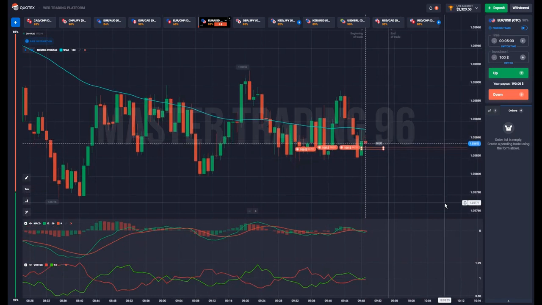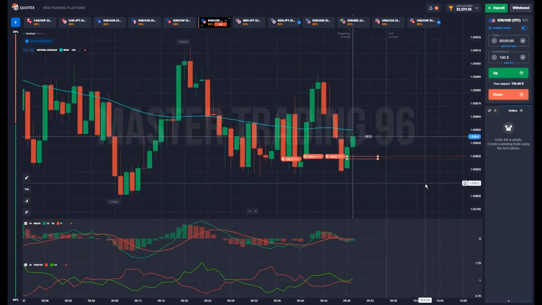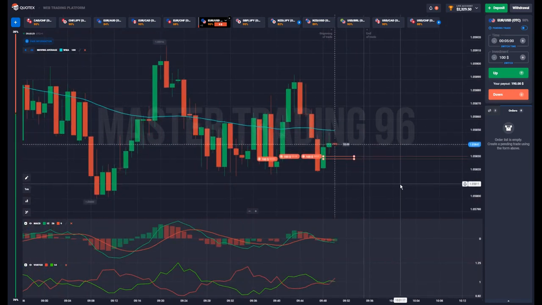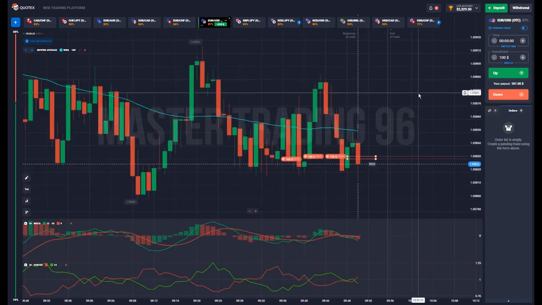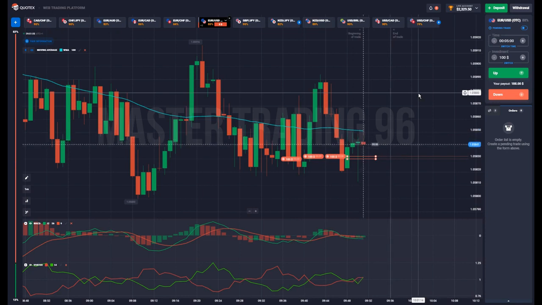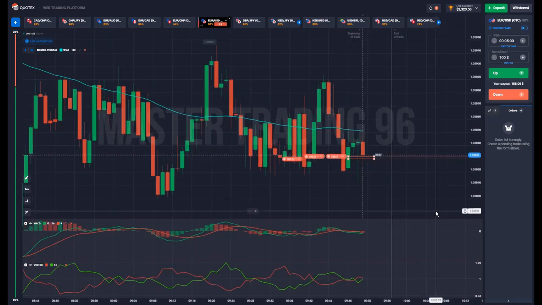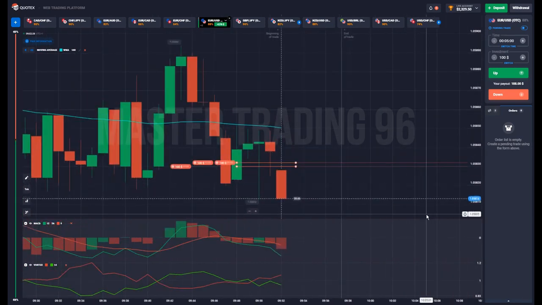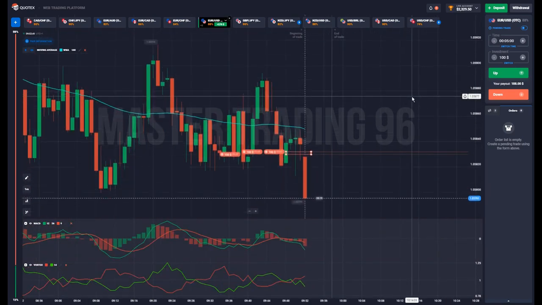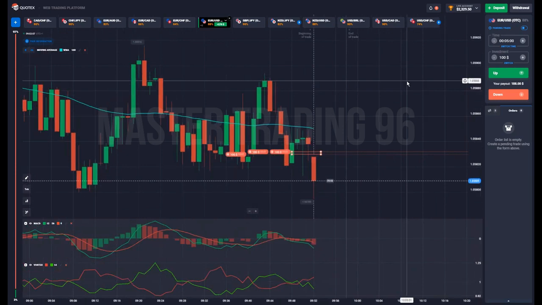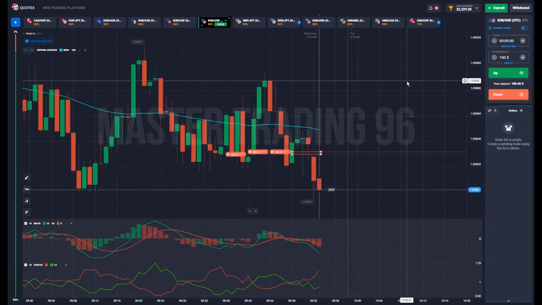The sell trade entry is given by the MACD indicator as its green line crossed below the red line downward, and the entry is confirmed by the vortex indicator as its green line crossed below the red line downward. The sell trades closed with profit. Great.